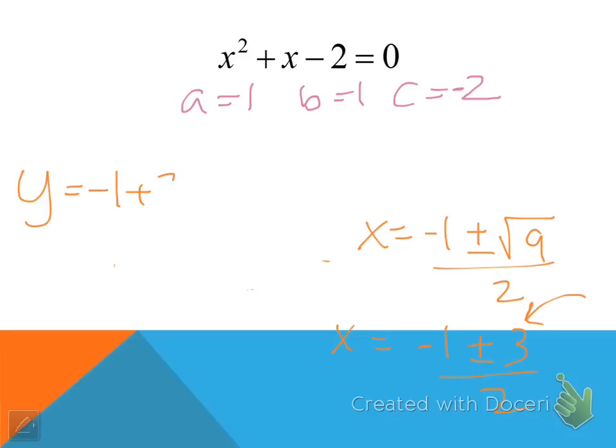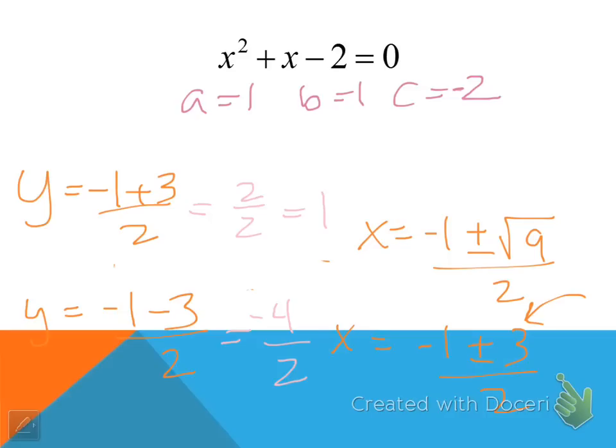So negative 1 plus 3 over 2, and y equals negative 1 minus 3 over 2. We add on the top, so negative 1 plus 3 is 2. 2 divided by 2 is 1. Negative 1 minus 3 on the top is negative 4. Negative 4 divided by 2 is negative 2. So my x-intercepts are at 1 and negative 2. It crosses my x-axis at 1 and negative 2.